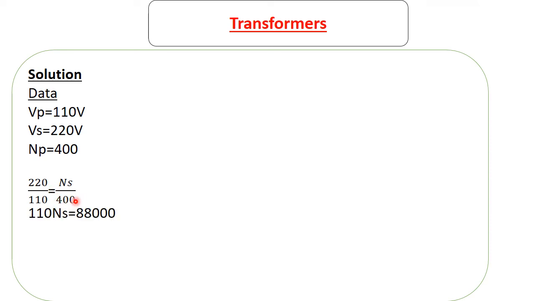When you cross multiply, 110 times Ns, you're going to have 110 Ns. Then 220 times 400, you're going to have 88,000. Then you can divide both sides by 110, and you're going to have 800 turns.